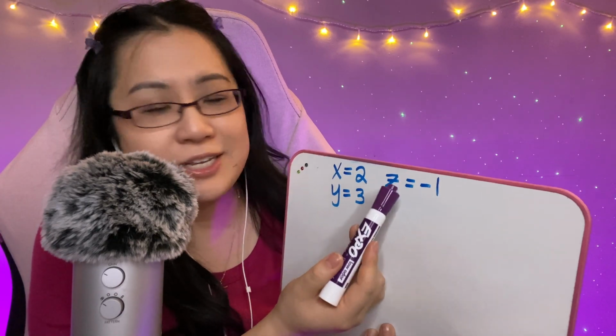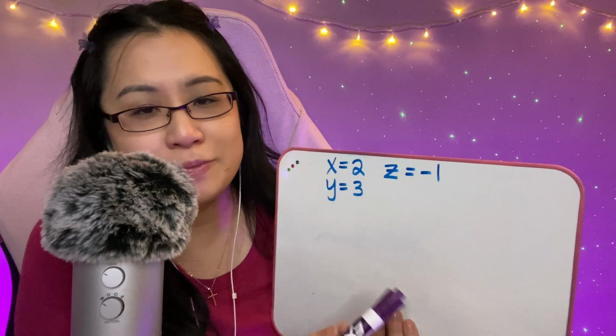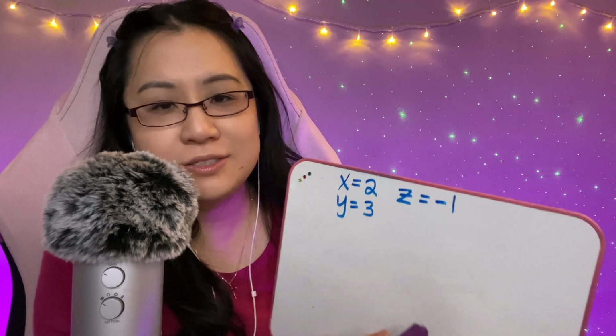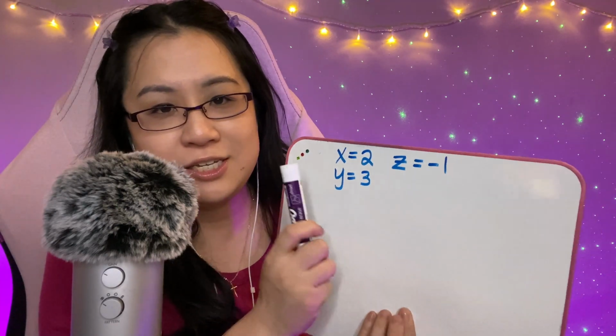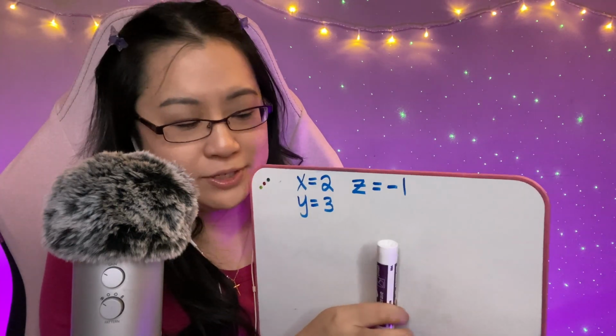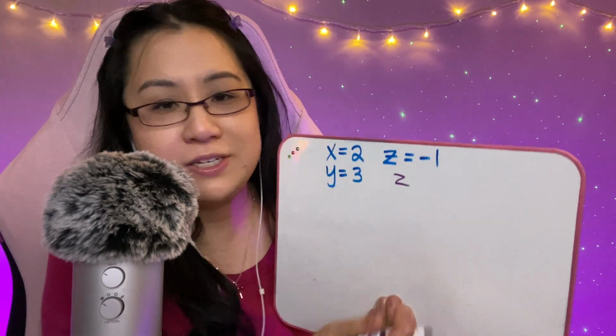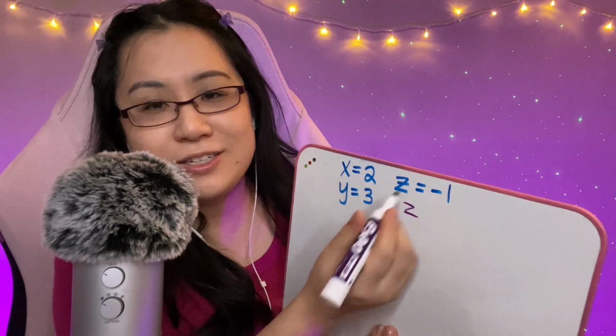And I'm writing z like this. You might see this commonly in math classes, maybe or maybe not where you're from, but this just helps us distinguish that it's actually a z, rather than it kind of looking like this. It might be kind of confusing, so I think it's a good habit.